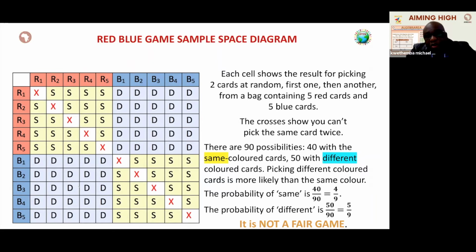And if we check all the same colors, we realize that we have actually how many? 40, isn't it? Then with the squares containing different outcomes, that is outcomes where we see different colors, we realize that we have 50. 50 plus 40, like Caroline said before, gives us 90 possibilities.